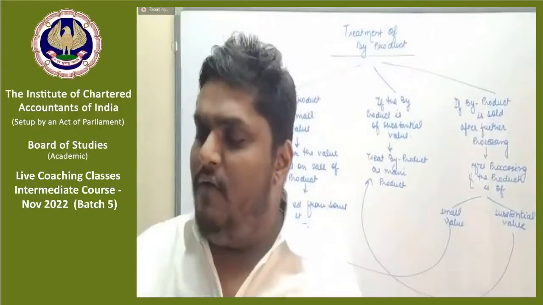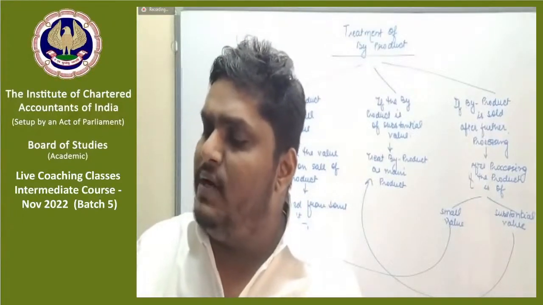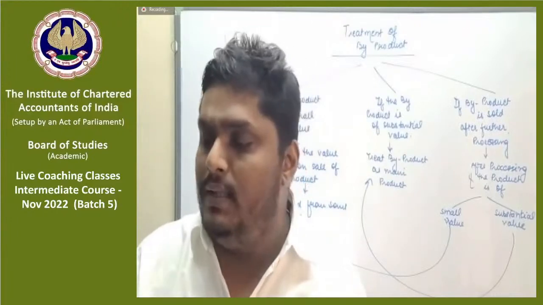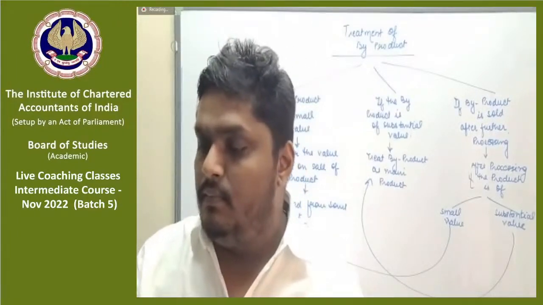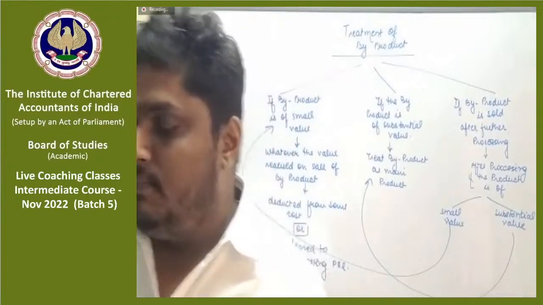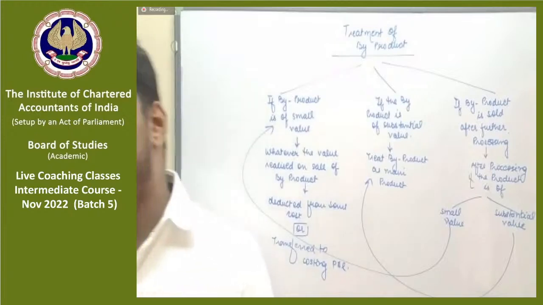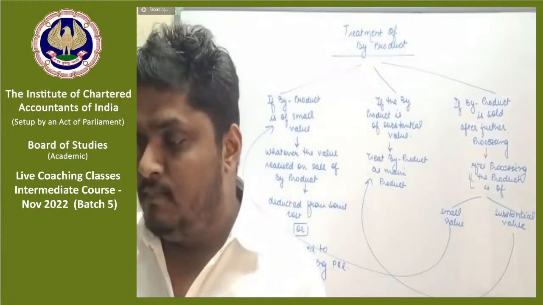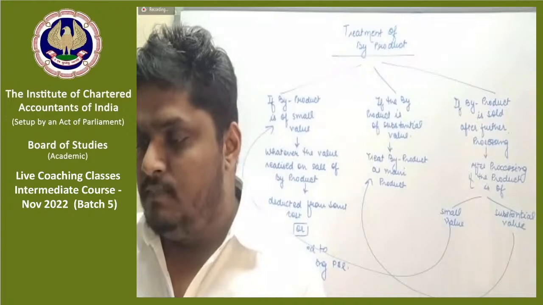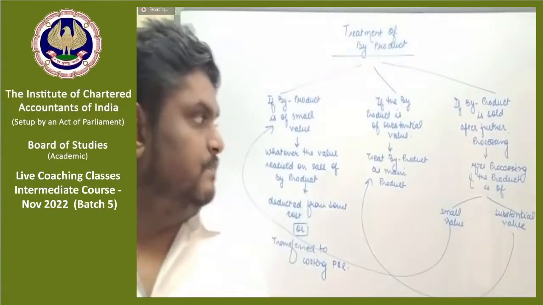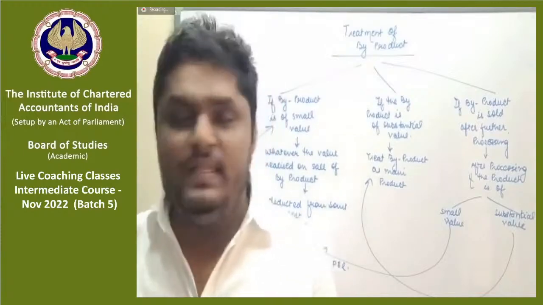Manish Goel, if the market value of the final product is given and further processing is also given, then we will apply the net realizable value method. I request you guys to please copy this flow chart.